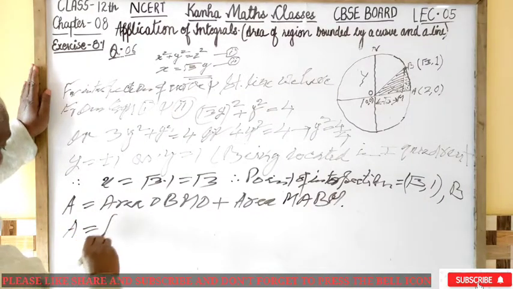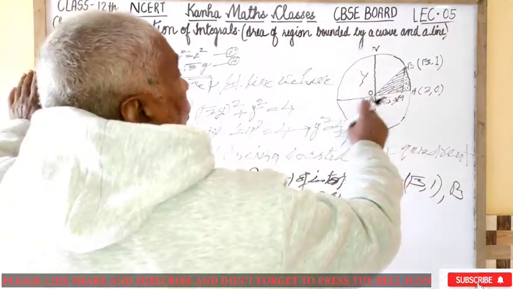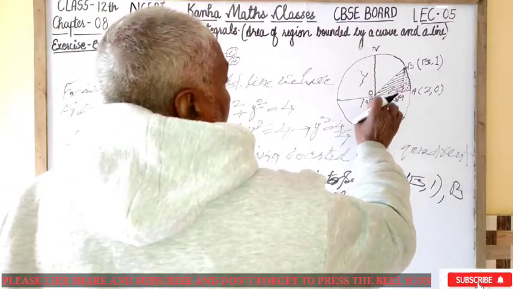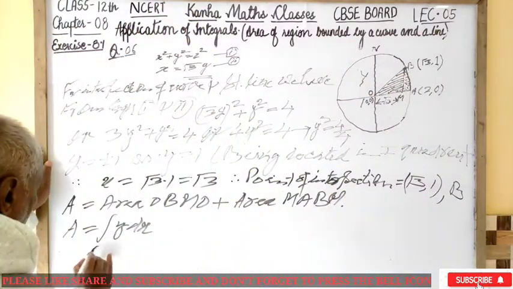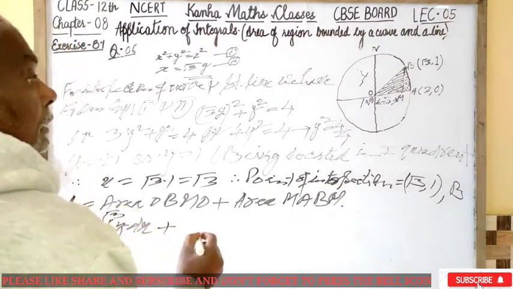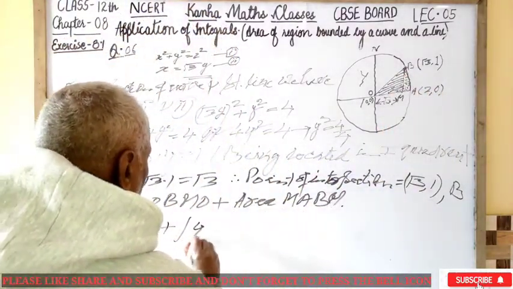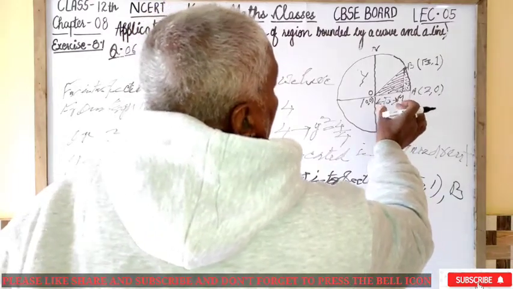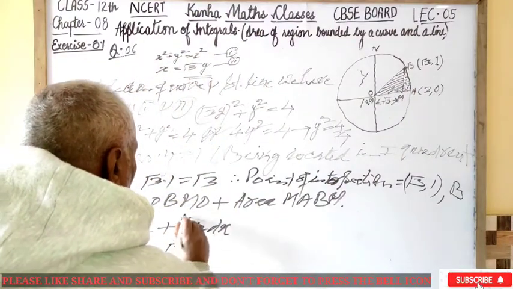Hence A is equal to integral of y dx. For this part OMBO, y dx with the limits of the definite integral from 0 to root 3, plus another part, that is MABM, is equal to further y dx, and the lower limit for this will be root 3 and the upper limit 2.